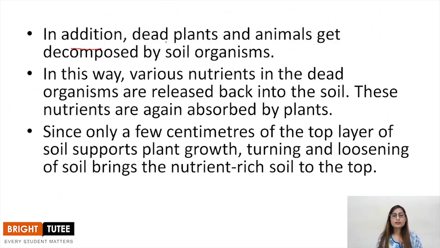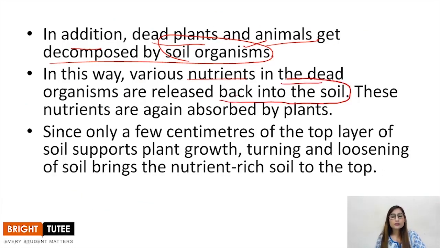Now in addition, dead plants and animals get decomposed by soil organisms. The plants that have died are decomposed by soil organisms. In this way, various nutrients in the dead organisms are released back into the soil, right? Now students, when you grow a crop in the soil, the nutrients of the soil are taken, right? The soil then lacks the nutrients because the plants have taken up all the nutrients.